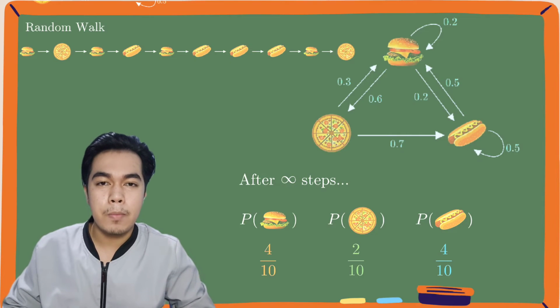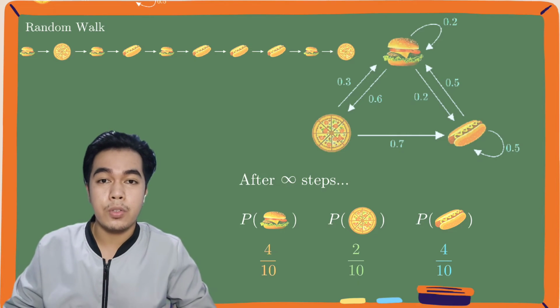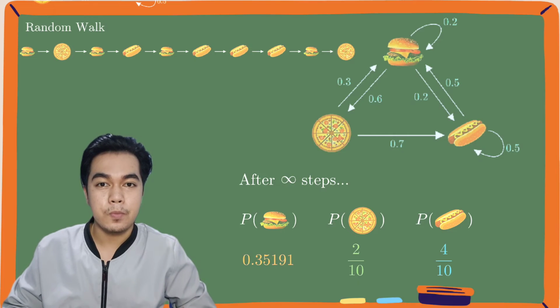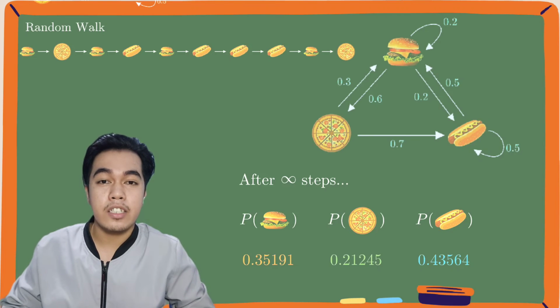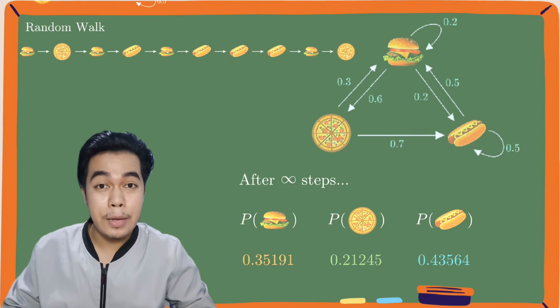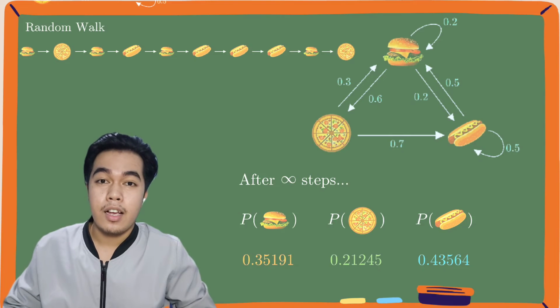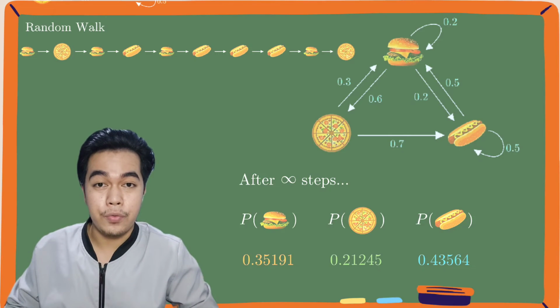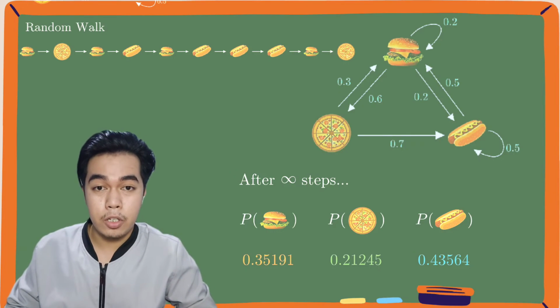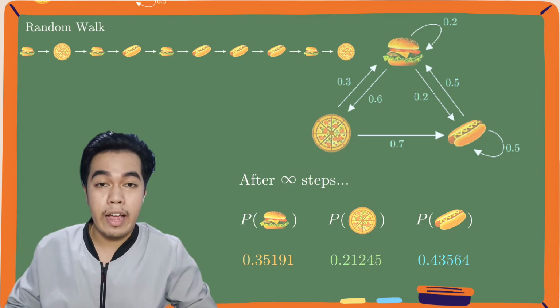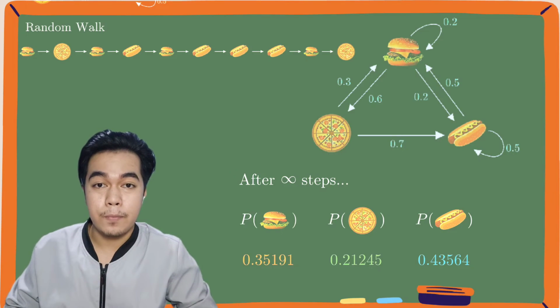I found that the probability converged to these values. And this probability distribution has a special name, which is the stationary distribution or the equilibrium state. This simply means that this probability distribution doesn't change with the time of the Markov chain.